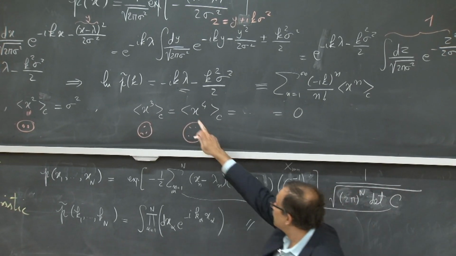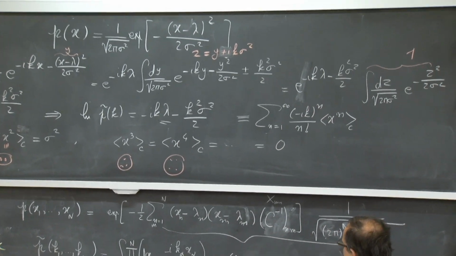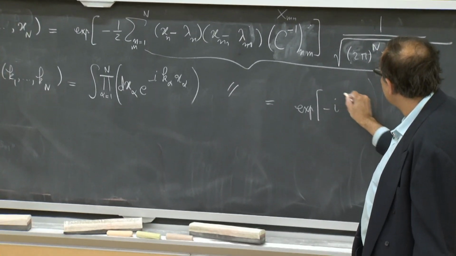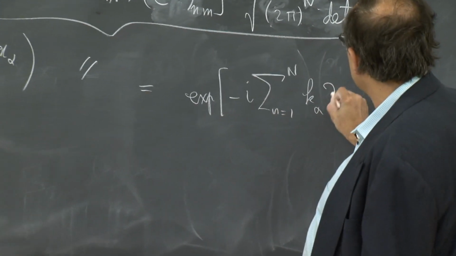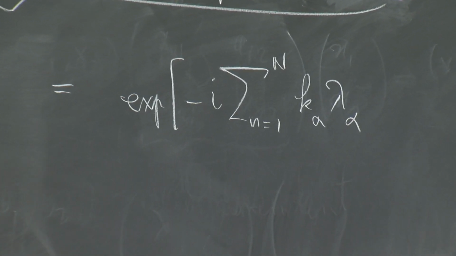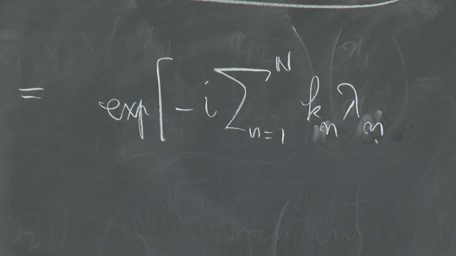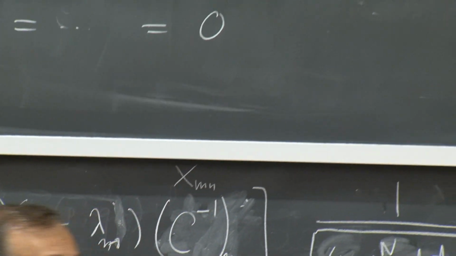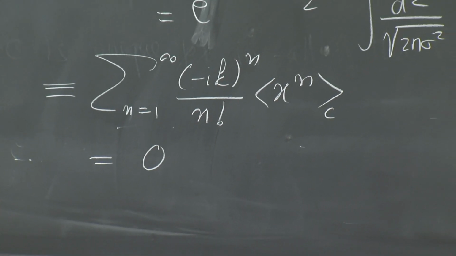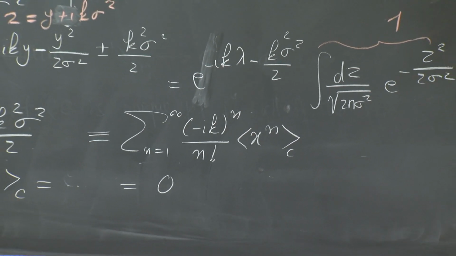The corresponding product to this first term would be the exponential of minus i, sum over n running from 1 to n, kn lambda n. I'm using n as the variable here. As long as things are diagonal, the next order term would be a sum over n of kn squared, the corresponding eigenvalue inverted.